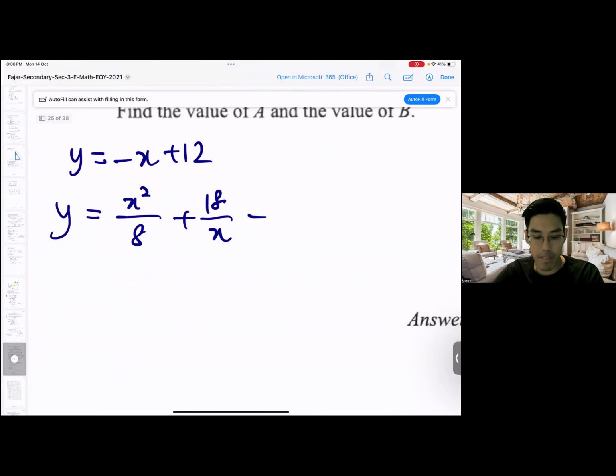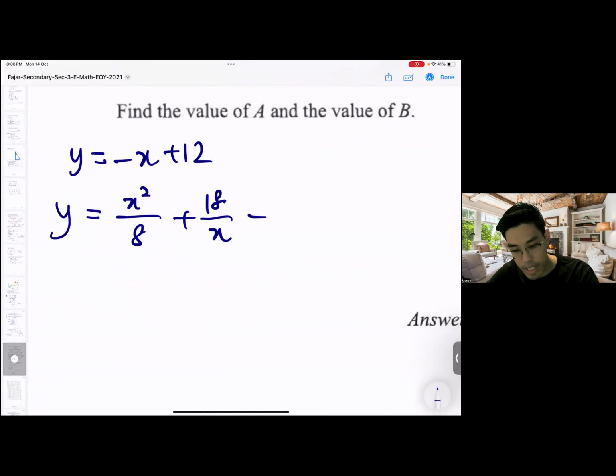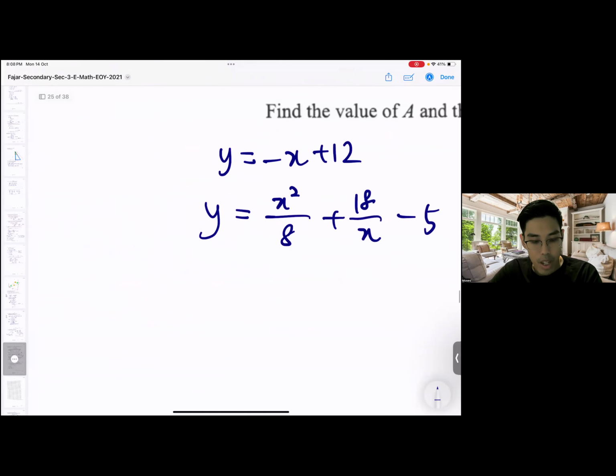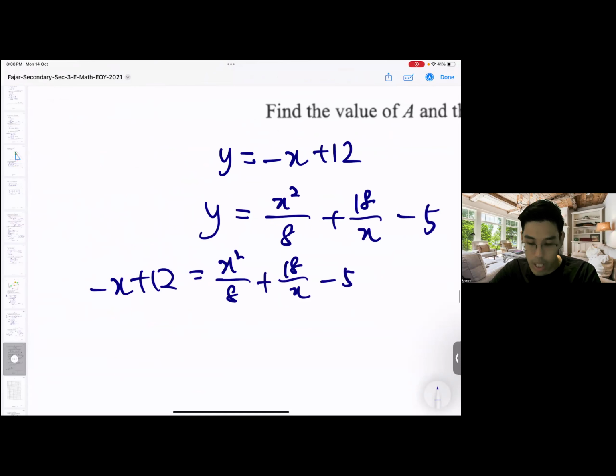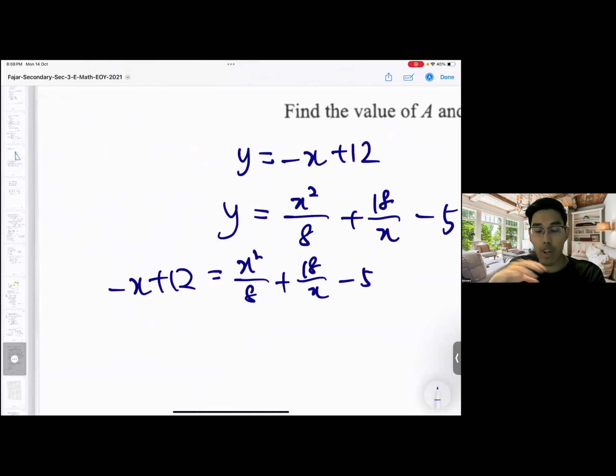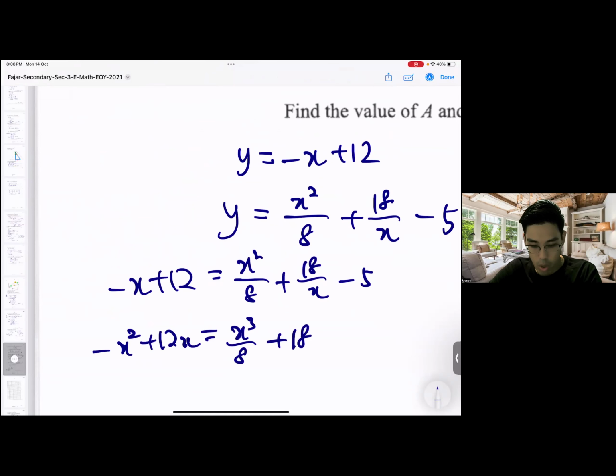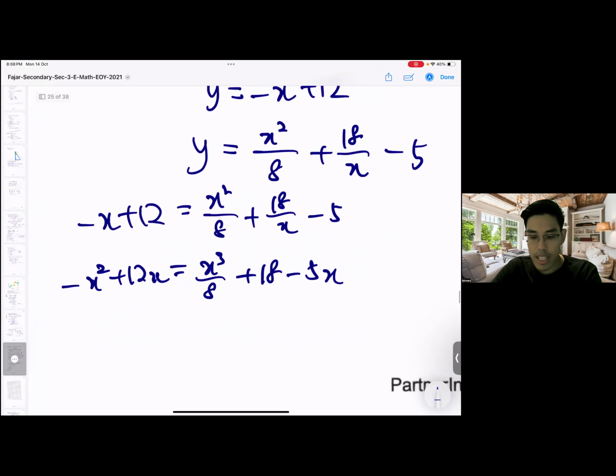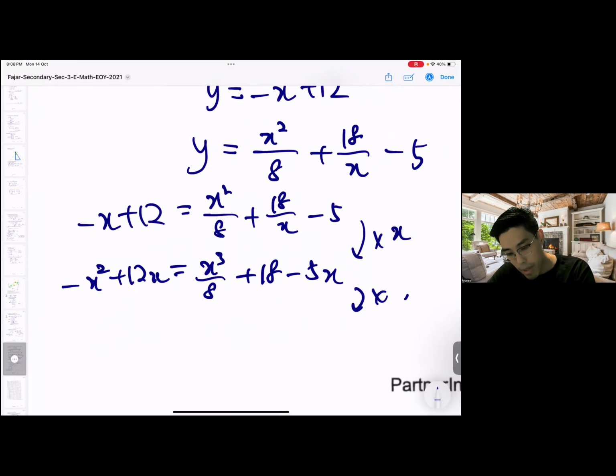My PDF didn't save. Okay, do again. I just quickly write this down again. So basically, I equate these two things together and ultimately make it into a cubic equation. But first of all, the eventual aim is for us to remove the fractions. So I multiply everything by x first, followed by 8. I do it one by one so that it's not too confusing. So this is to multiply by x. Then I multiply by 8.